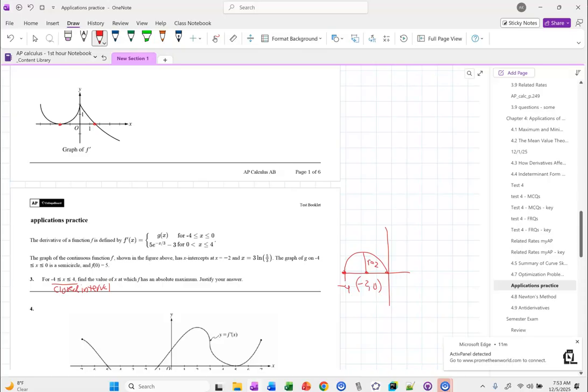How do I find the critical values? Okay, so I take my derivative, I set it equal to 0. Now we're told these are the x-intercepts, right?